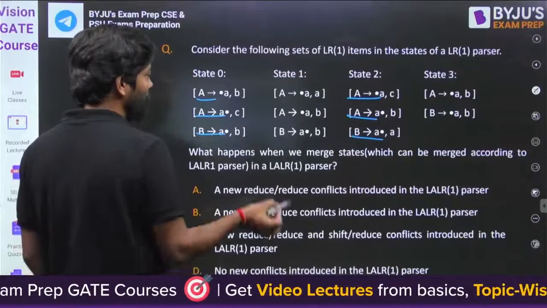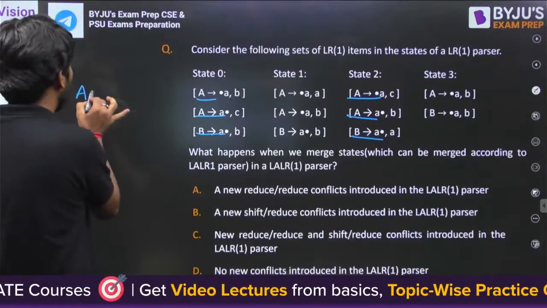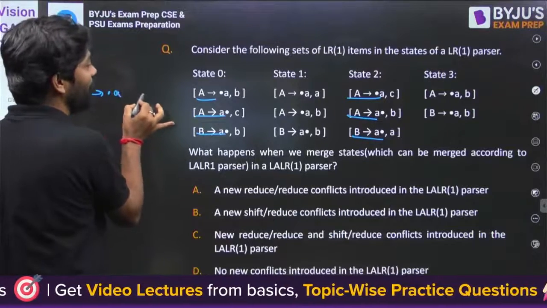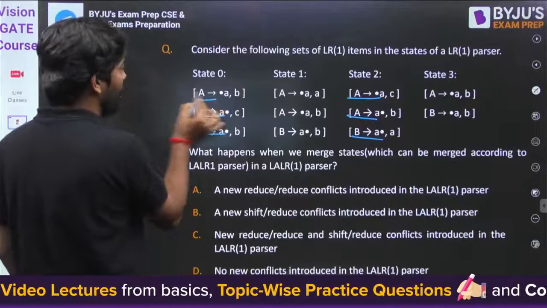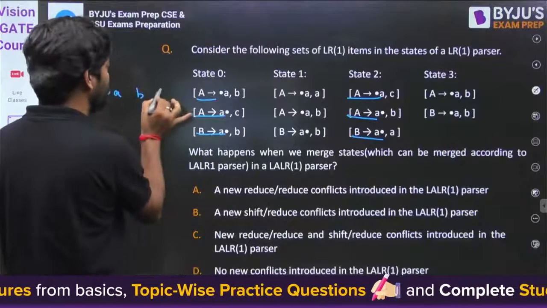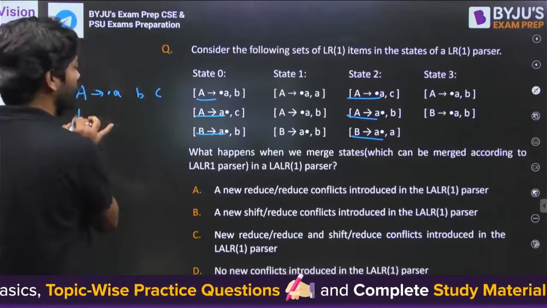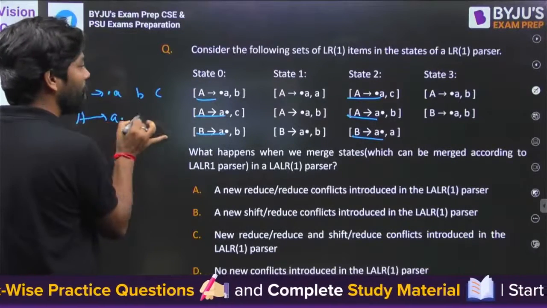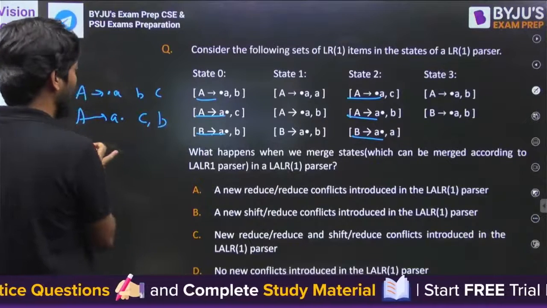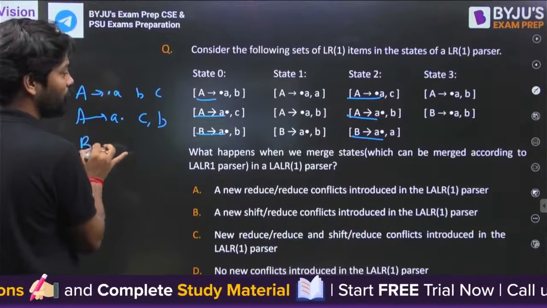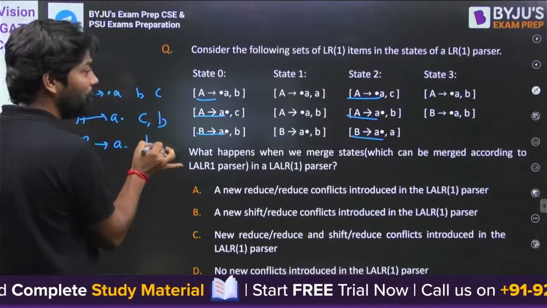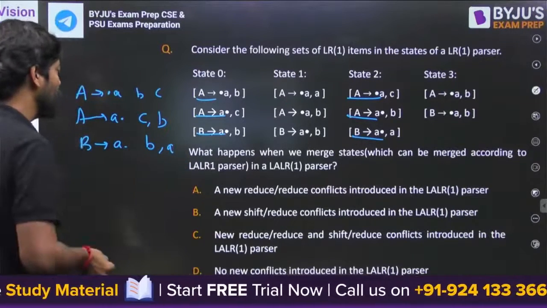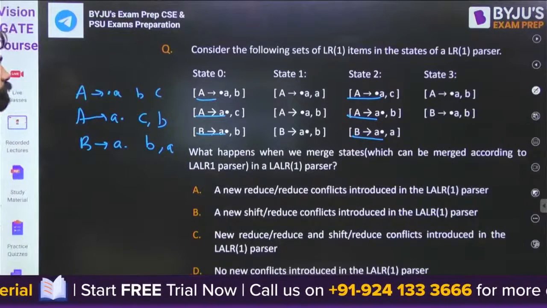If you merge, what is happening? Let me write here. A goes to dot A, what we have, my dear friend? We have B and we have C. Fine. And A goes to A dot, we have C comma B. And B goes to A dot, we have B comma A. Now, my dear friend, if you see, actually, it is reduce conflict.